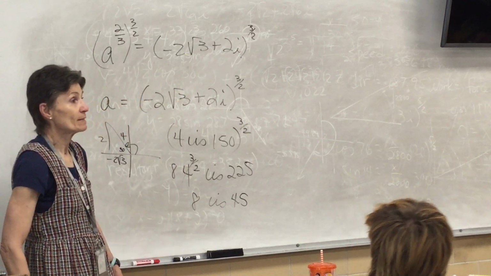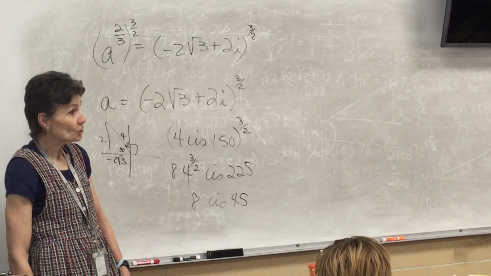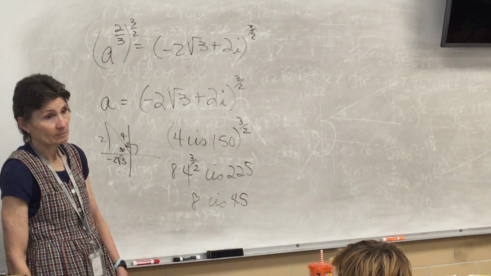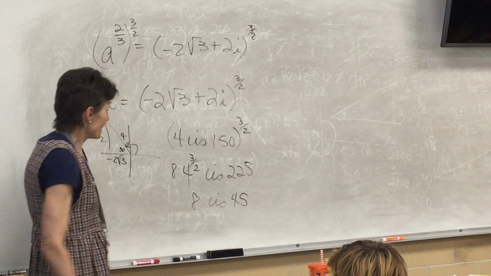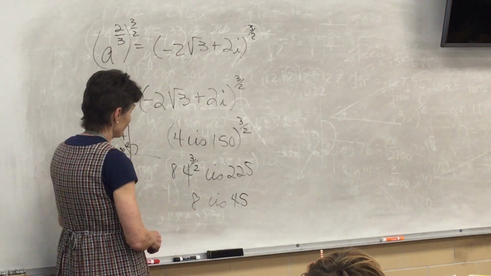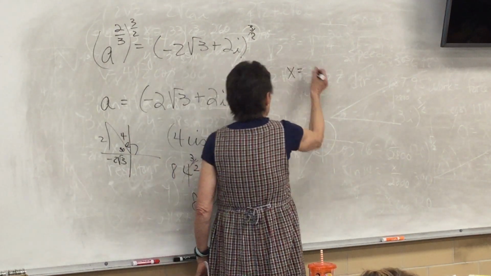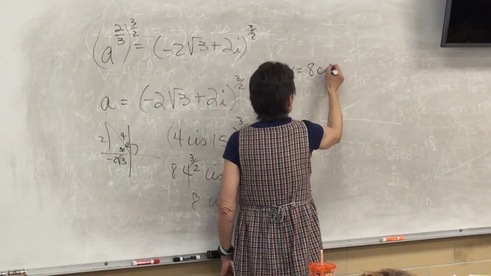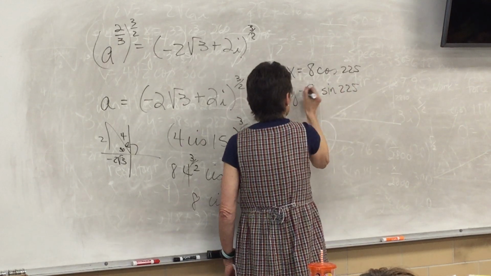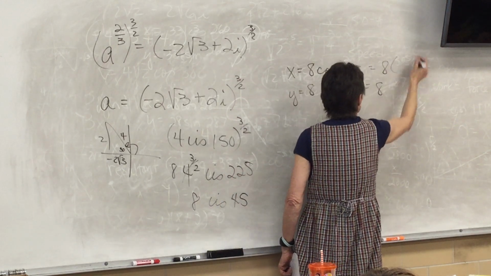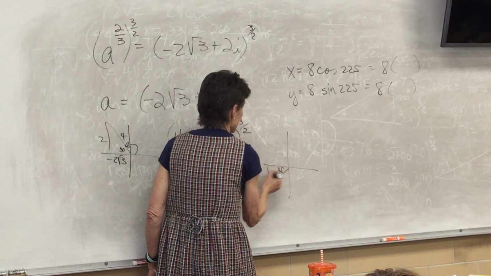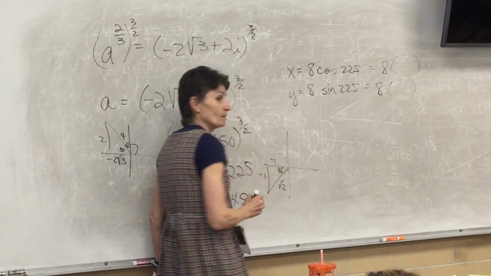What does 4 to the 3 halves mean? Square root of 4 cubed? Might have to do that without a calculator. You can do it. Now, these are the polar form answers. What am I supposed to do? Answer in complex form. So 8 cosine 225, 8 sine 225. 225 has a reference angle of 45.